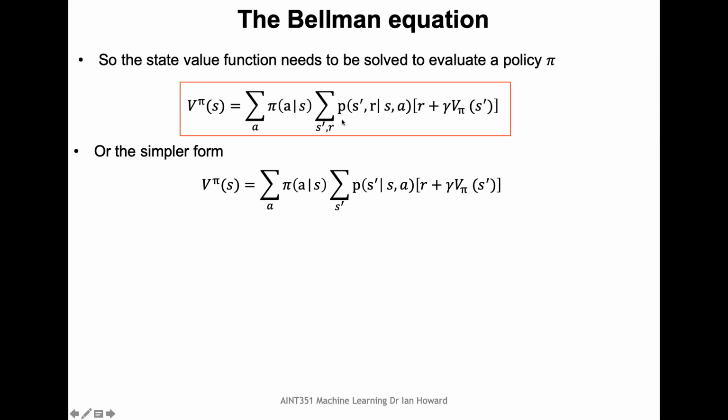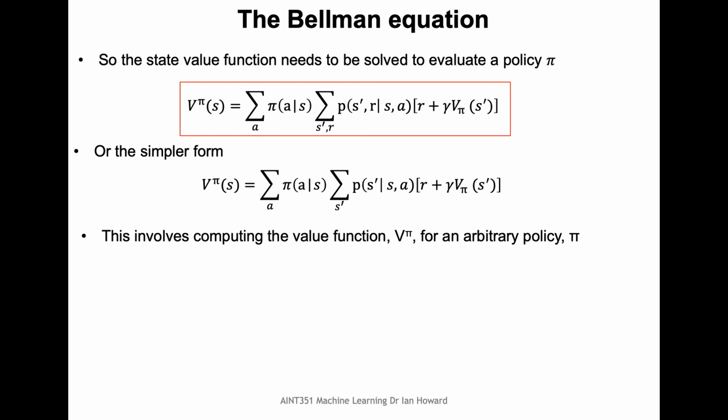This other version uses the joint probability for the transition function, the joint probability of future state and reward. But because we can always marginalize things by summing them out, that's not a big deal. It's just that this formula is a little bit simpler to use.